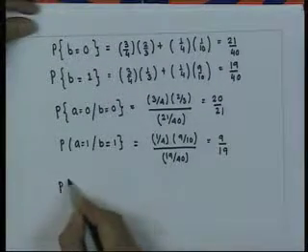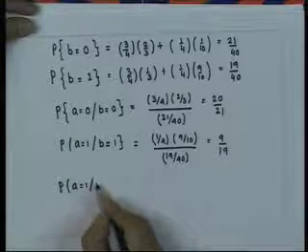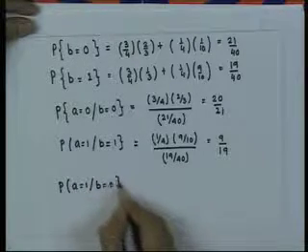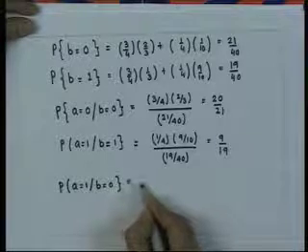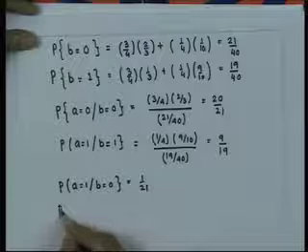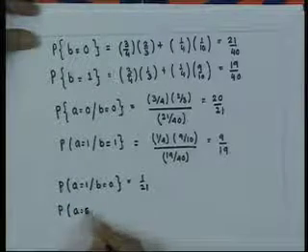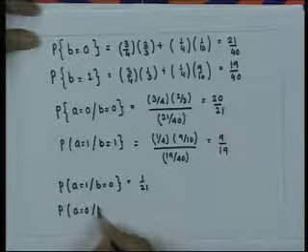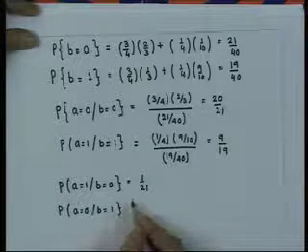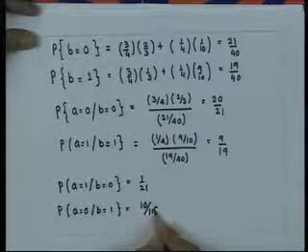So, probability of A equal to 1 given B equal to 0 is equal to 1 by 21, and probability of A equal to 0 given B equal to 1 is equal to 10 by 90.